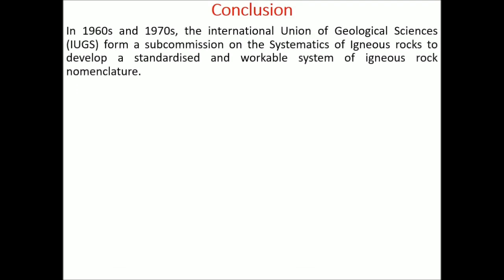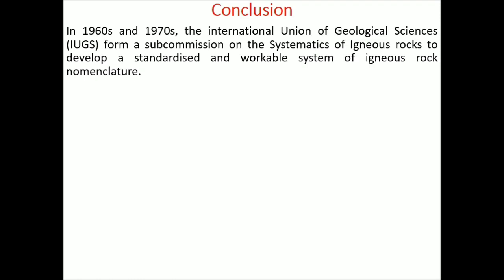So, the conclusion. We have an idea of the initial classification scheme, but this lecture is making the basement for knowing the IUGS classification scheme and its need. We have seen that many classification schemes exist, but they have their own limitations, and geologists of various countries use various terminologies.